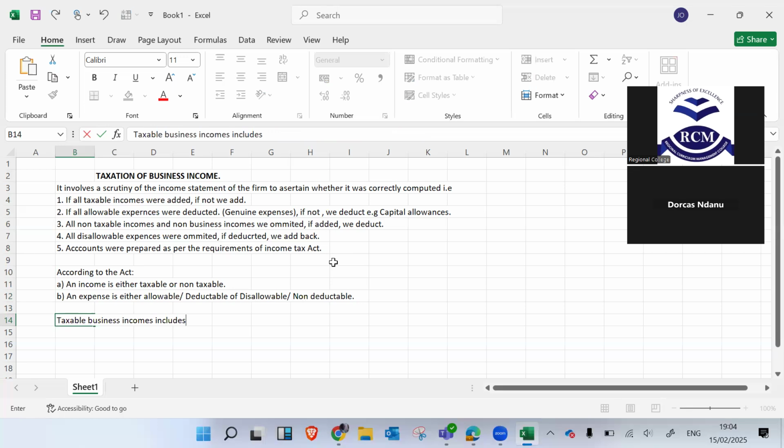Taxable business incomes include number 1, sales proceeds from the normal transactions of buying and selling activities.